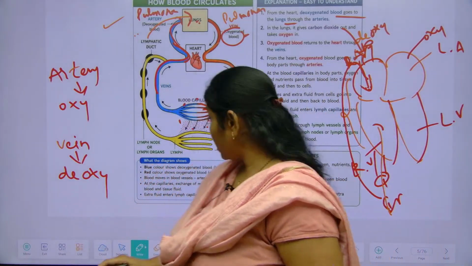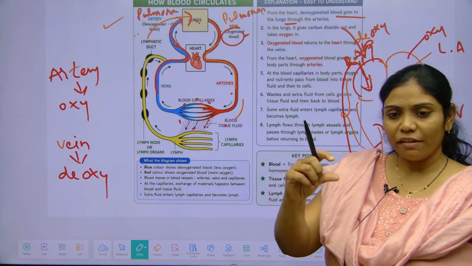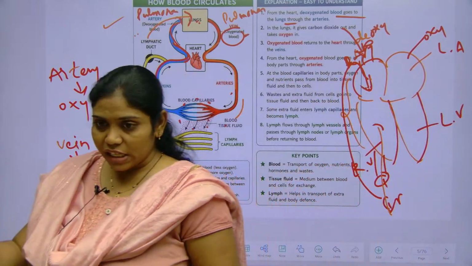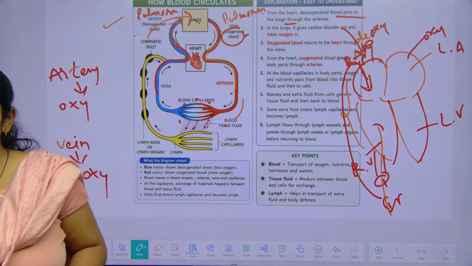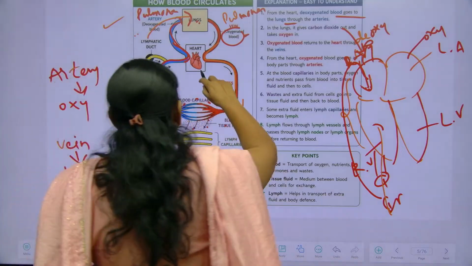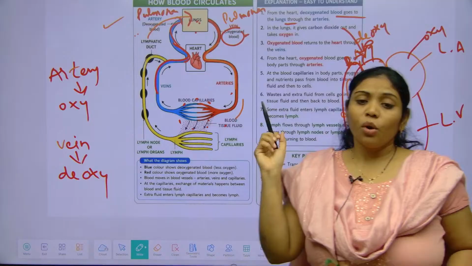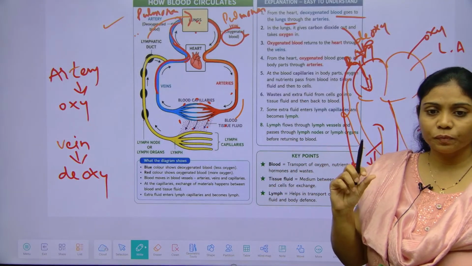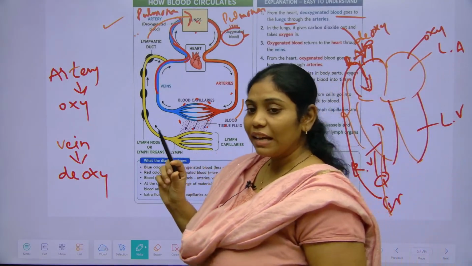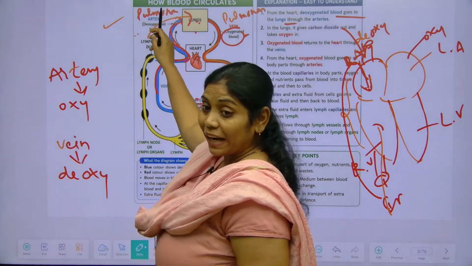In general, blood vessels are what? Blood vessels are divided into arteries and arterioles. But coming to the lungs region, arteries and veins, which are thicker? Arteries are thicker than the veins, but here deoxygenated blood is being carried.